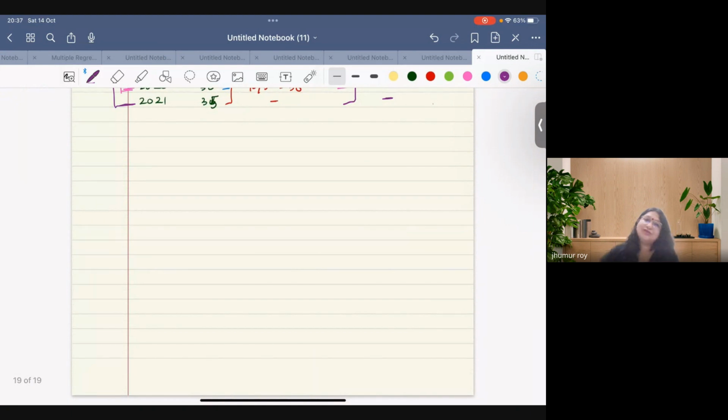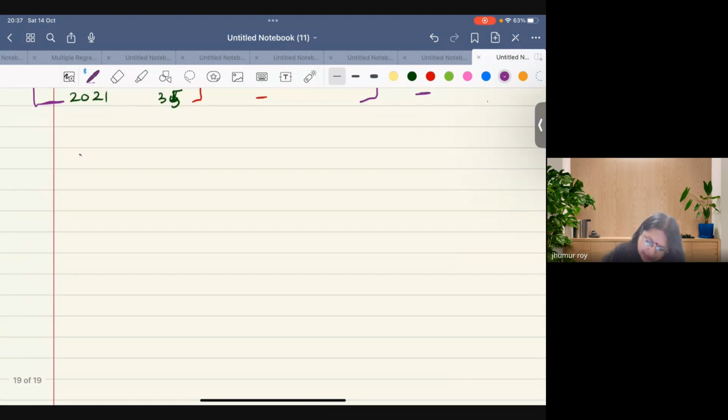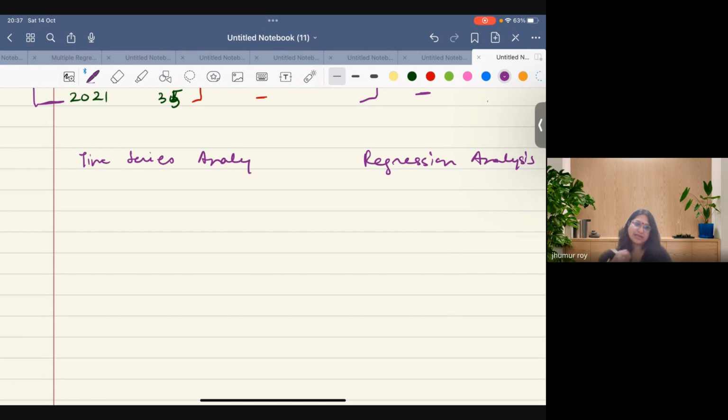Now we'll come to the last method, which I'll just talk about so that you understand. There are two methods which I've mentioned. One is time series analysis, and the second one is regression analysis. So just looking at the question, you can make out whether it is time series analysis or regression analysis.